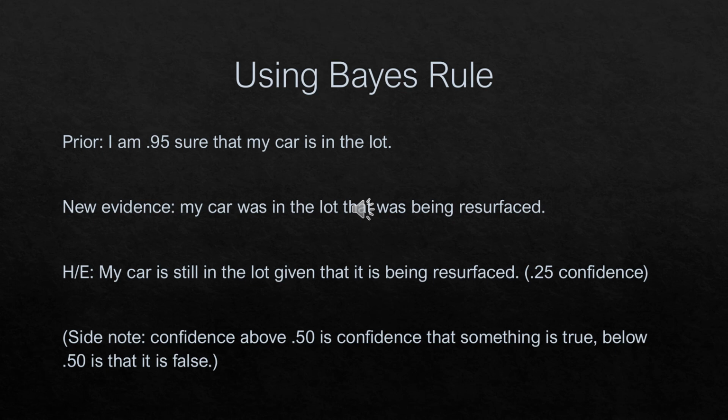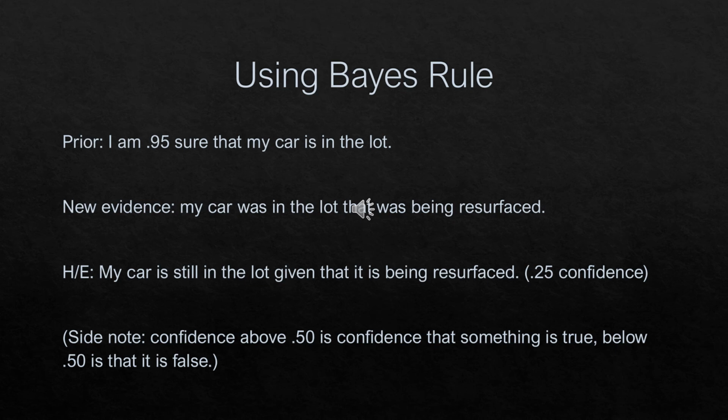And then there's the claim of the evidence given the hypothesis. What's the evidence given the hypothesis? That would be a situation in which the lot is being resurfaced and my car is still in the lot. Well, that's going to be pretty close to zero, right? Why? Because my car couldn't be there if they were resurfacing the lot. So P(E|H) is going to be super low.